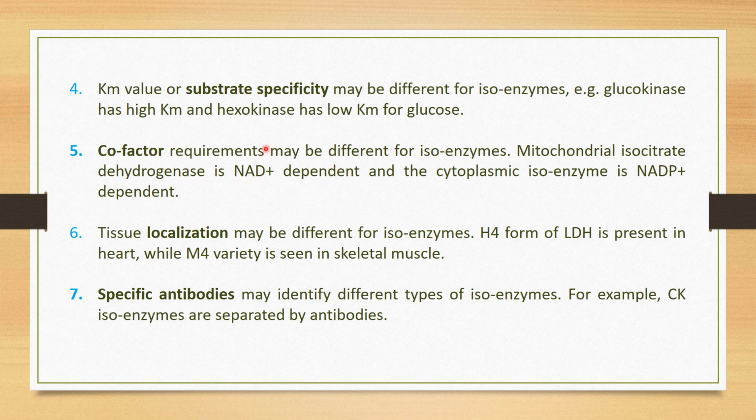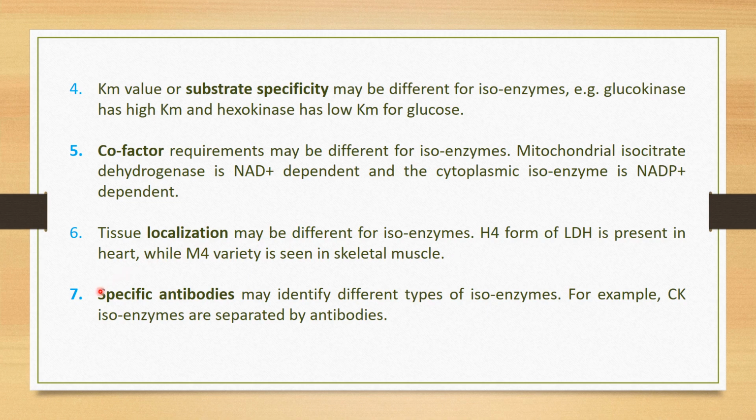Like dehydrogenases, some are NAD plus dependent, some are NADP plus dependent. Tissue localization may be different. We have discussed in detail the tissue distribution of LDH, and the same is true for creatine kinase and alkaline phosphatase also. Different forms, CK1, CK2 and CK3, are differently located in different tissues.